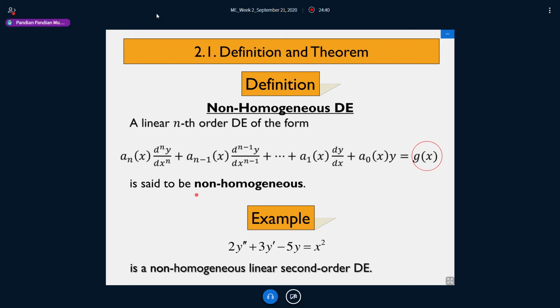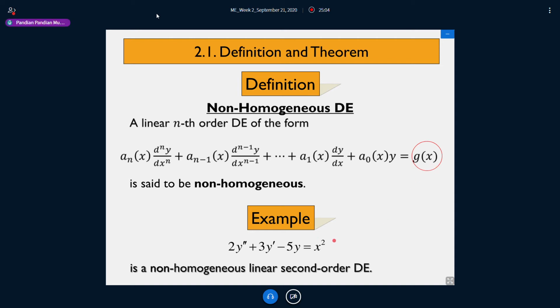So we call this a non-homogeneous nth order differential equation. But the example here is a second order non-homogeneous differential equation, because the right hand side g(x) is x squared.